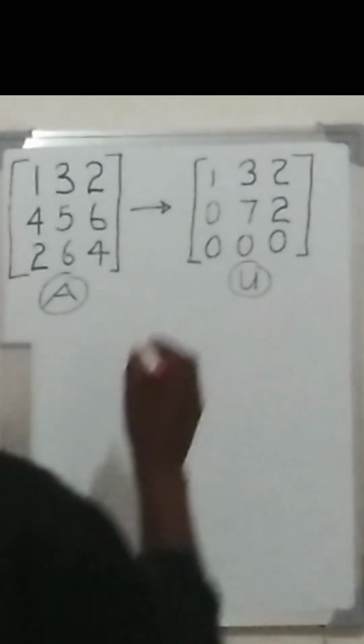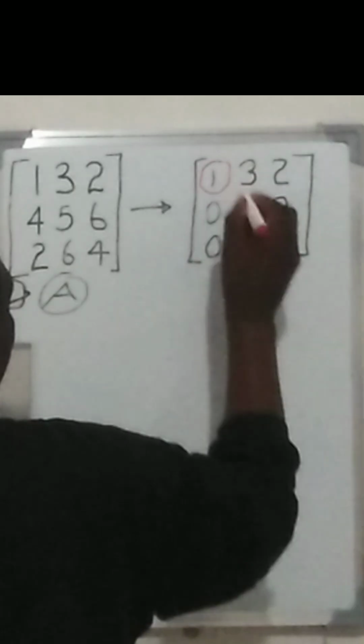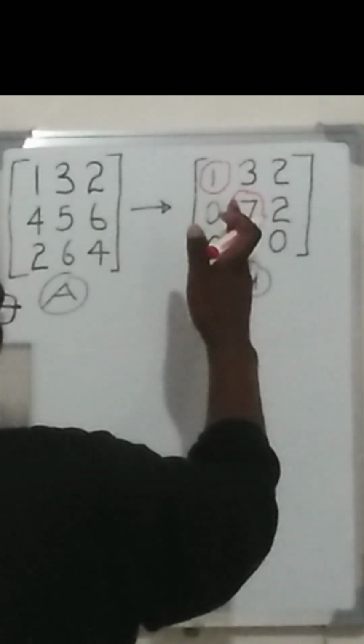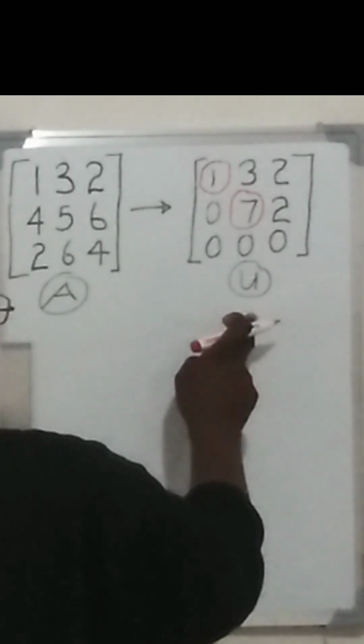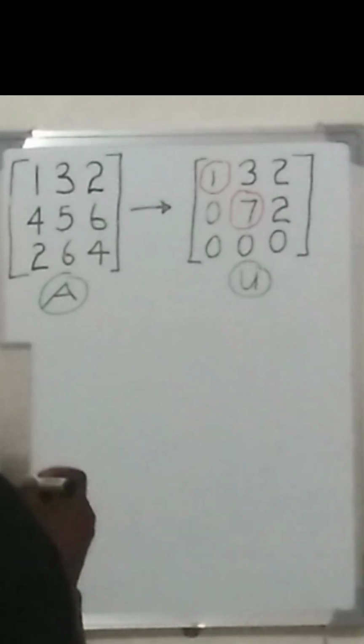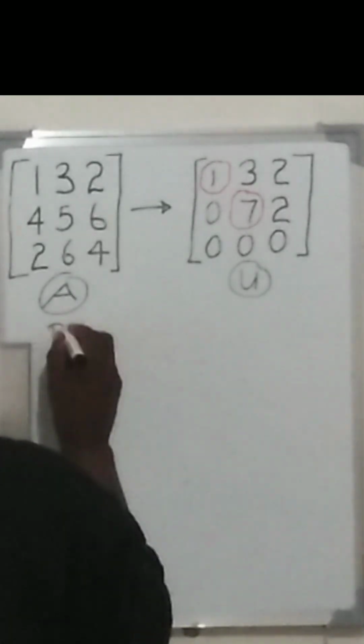So these two numbers, the number 1 here and the number 7 here, are called the pivots of matrix U or leading variables. So let's just write it down here. So 1 and 7 are the pivots.